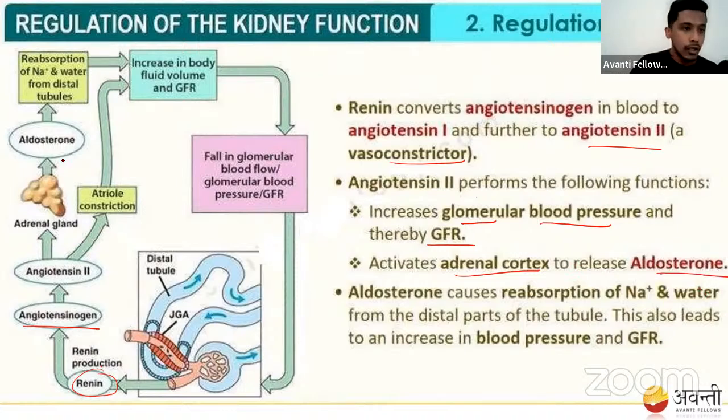Now, what does aldosterone stimulate? Aldosterone released by your adrenal cortex will lead to reabsorption of sodium and water from the distal parts of your tubule, that is the distal convoluted tubule and the collecting ducts. Thereby it will increase the blood pressure, body fluid volume and even the glomerular filtration rate.